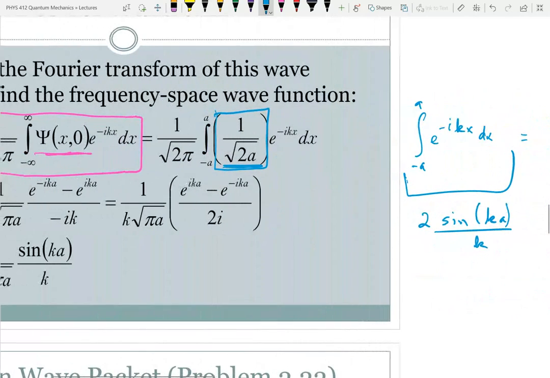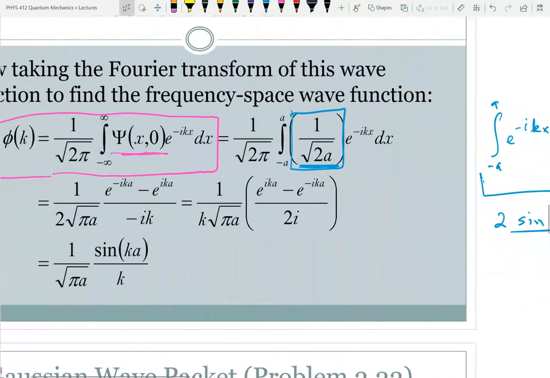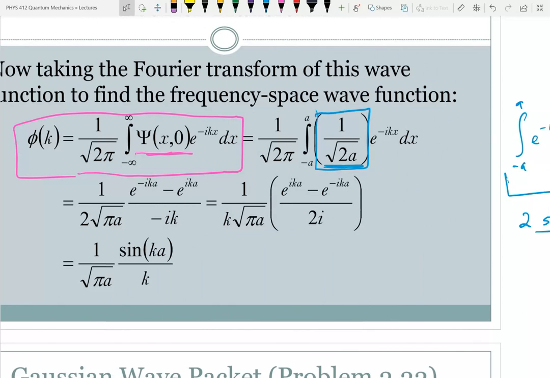So now we can come back over to what I had written on the paper. The square root of 2a and the square root of 2 pi, both 1 over, were not part of what I was looking at. I was just looking at the integral, not the constants.